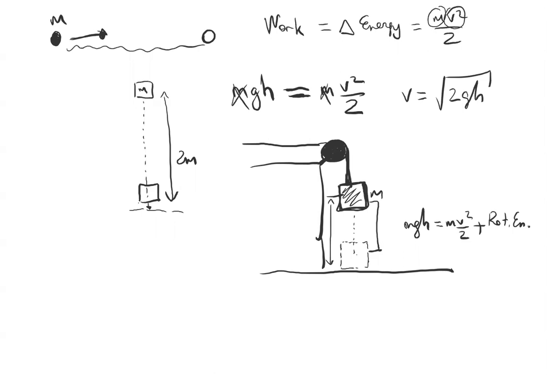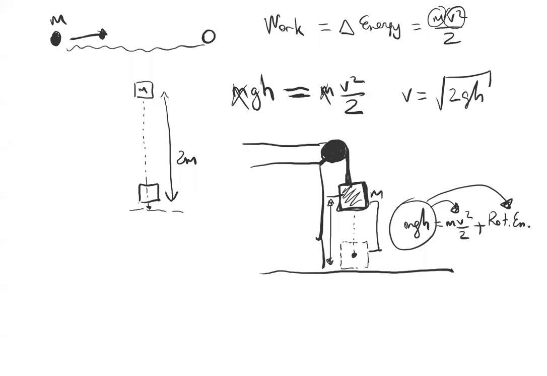And because of that, by the time this box gets to here, it will have a lower velocity than it would have if there was no pulley or if the pulley was massless. And that's because its initial potential energy is now redistributed into its kinetic energy, but some part of it is wasted on the rotational energy of the pulley. We will see in a little bit how this works exactly in details.